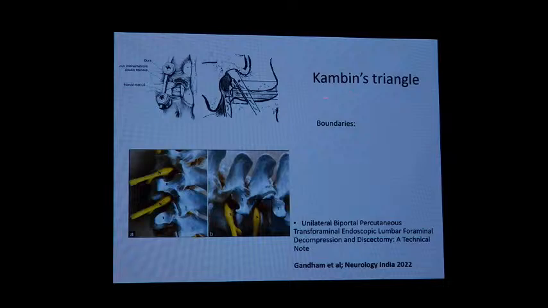Kambin first described this triangle in trying to reach the disc space. As you can see, this triangle is where all our interbody work begins, and it forms a very important landmark even in open TLIF and minimally invasive TLIF. The triangle is bounded by the disc, the superior articulating process and the pars interarticularis, and the nerve root which comes on top.